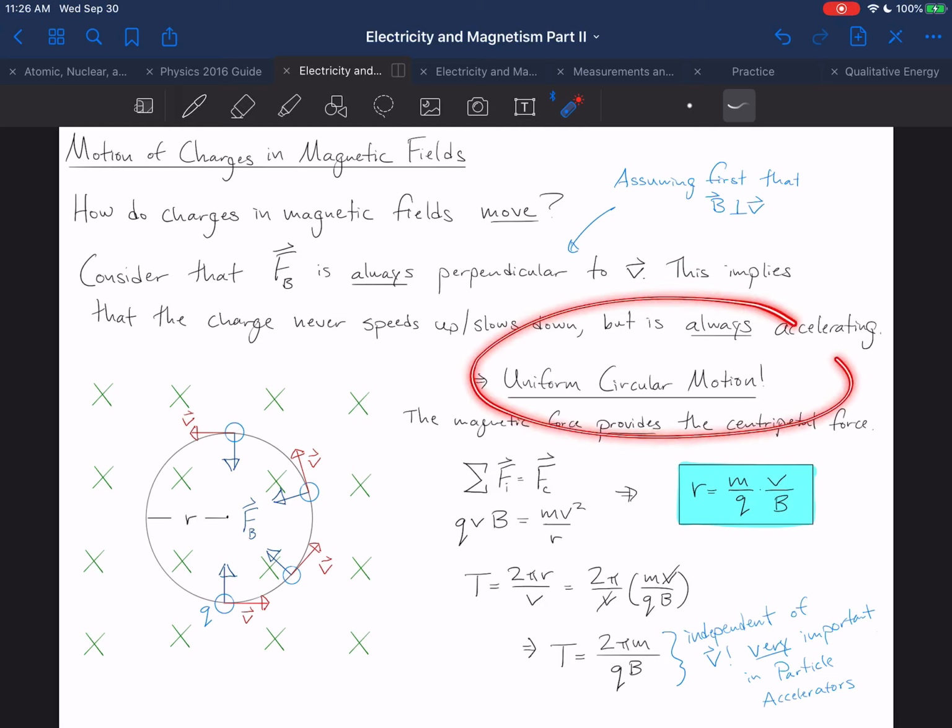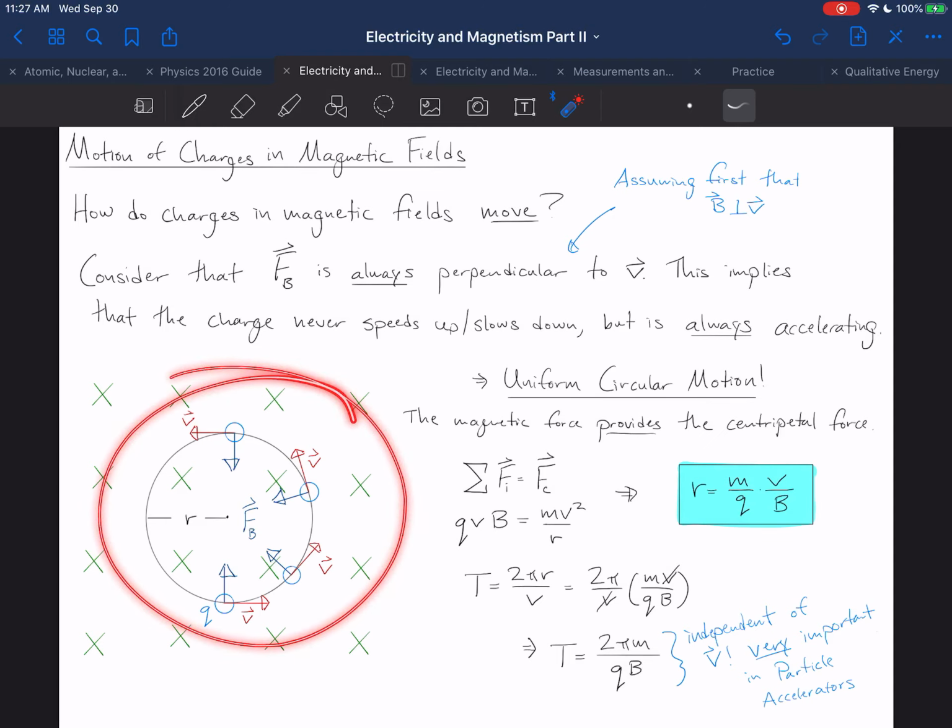This is uniform circular motion. The fact that the magnetic force is the only force acting on the charge and that it is always perpendicular to the velocity gives exactly uniform circular motion. It never speeds up or slows down, and is always accelerating towards the middle.